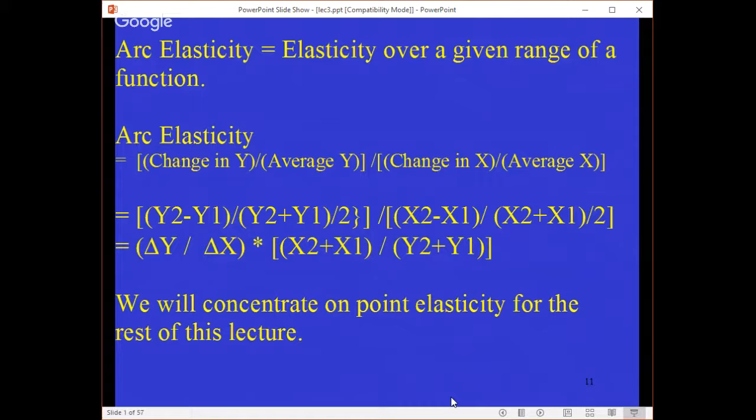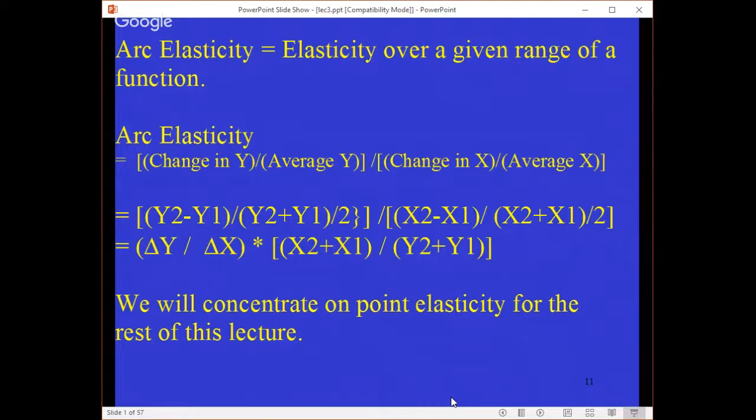So arc elasticity is the change in y over average y divided by the change in x over average x. And I can rewrite that as y2 minus y1 divided by y2 plus y1 divided by 2. And that's just the average: y1 plus y2 is the sum of the two observations, divided by 2. All divided by x2 minus x1, that divided by x2 plus x1 divided by 2. Again, this is the average x, this is the average y.